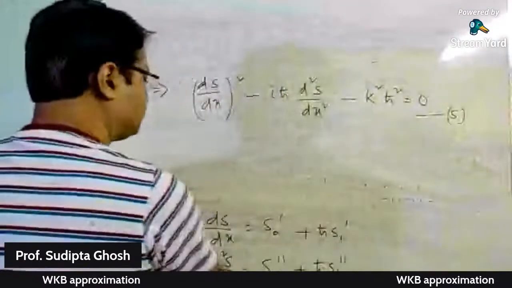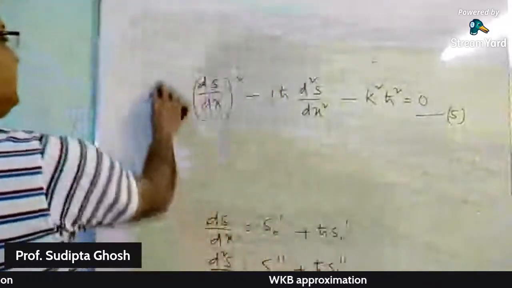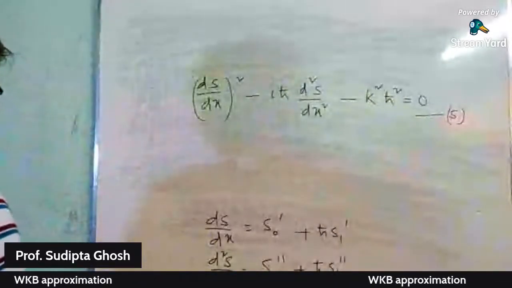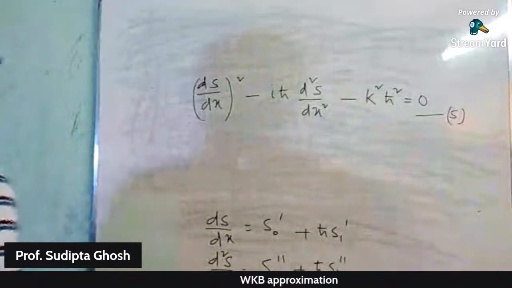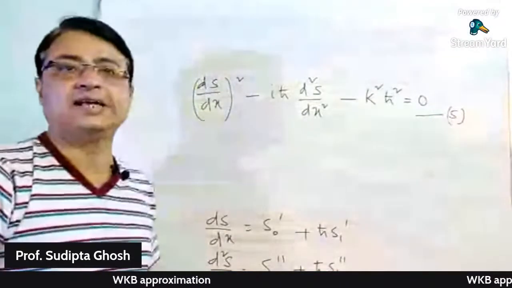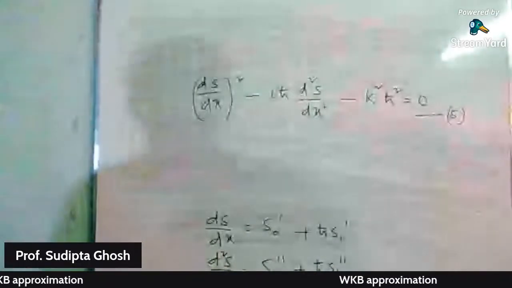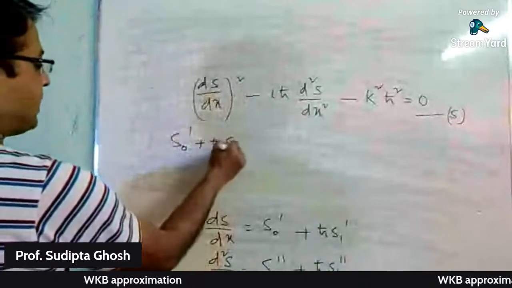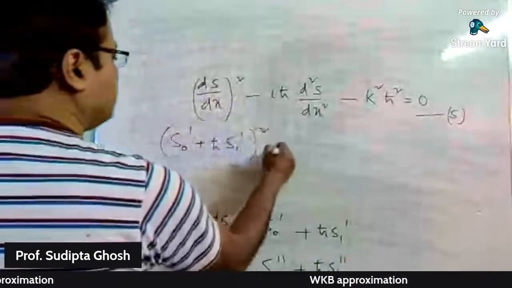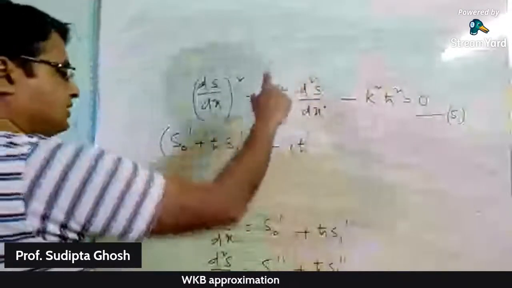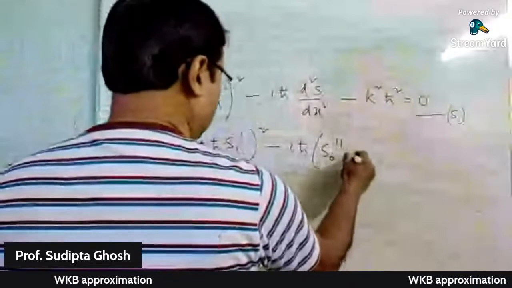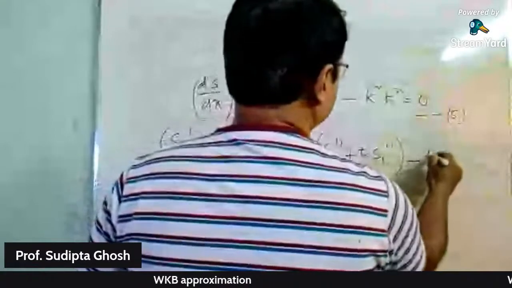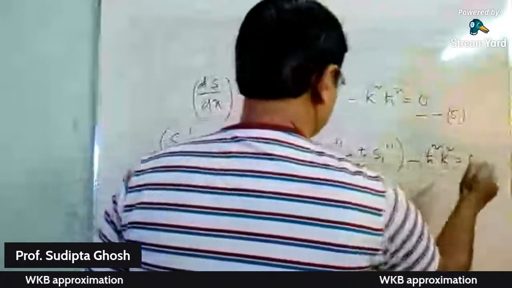Now we are going to substitute the values of ds/dx and d²s/dx² here in equation 5. By substituting, we get (s0' + ħ s1')² − iħ (s0'' + ħ s1'') − ħ² k² = 0.